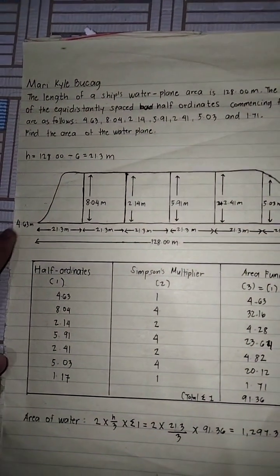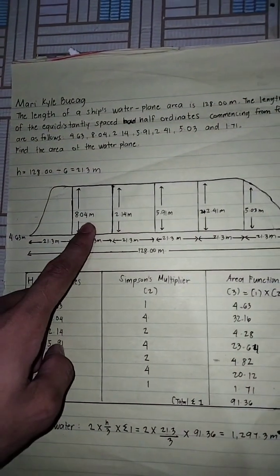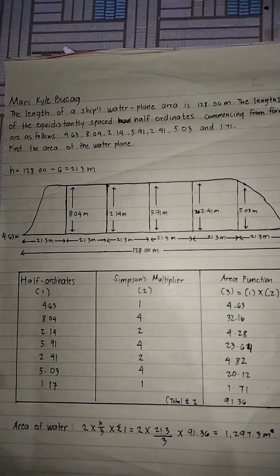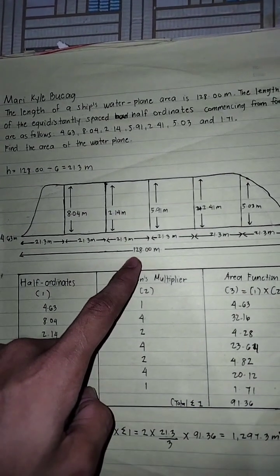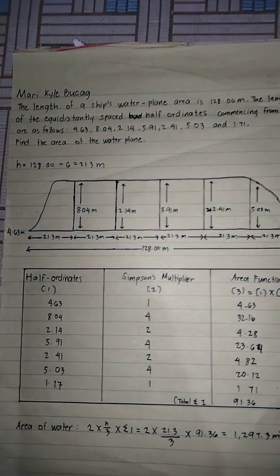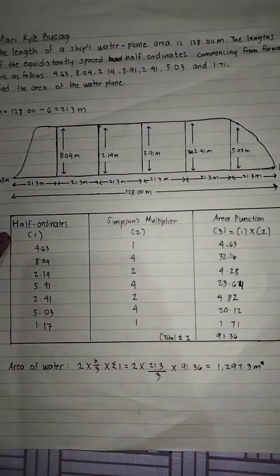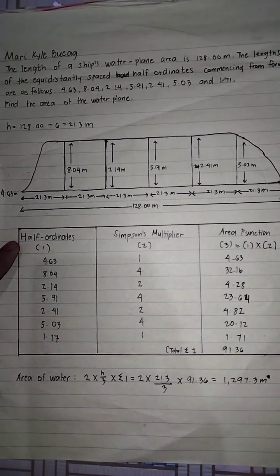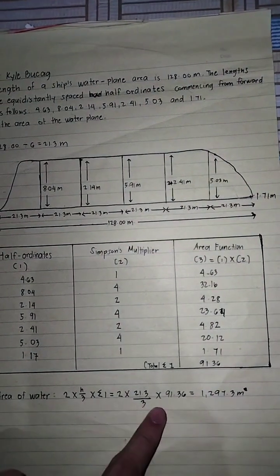This is the first ordinate: 4.63 meters, 8.04 meters, 2.14 meters, and so on. This is the ship's LOA, or ship's overall length. So this is the table. The table consists of half ordinates, Simpson's multiplier, and area function.